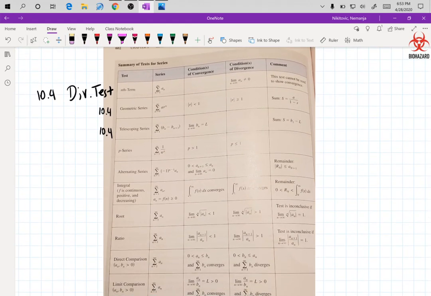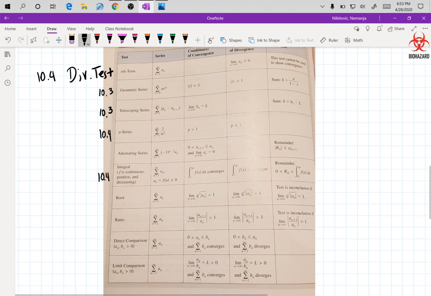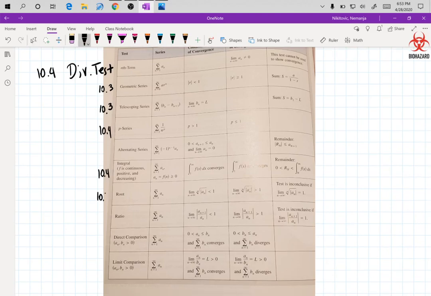No, 10.3. P series 10.4, integral test 10.4, root and ratio 10.7, alternating 10.6, and these two 10.5.